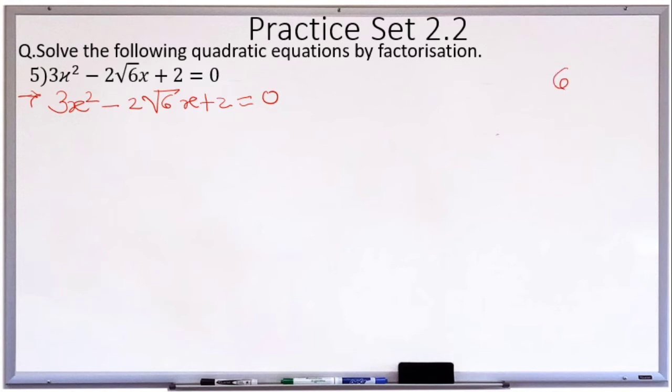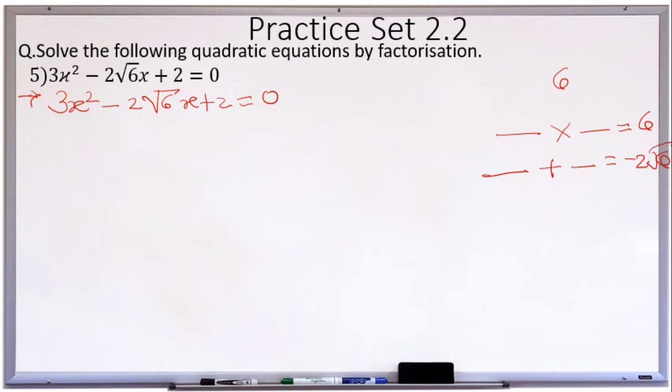Now we want two factors such that their product is 6, but their addition is minus 2 root 6.